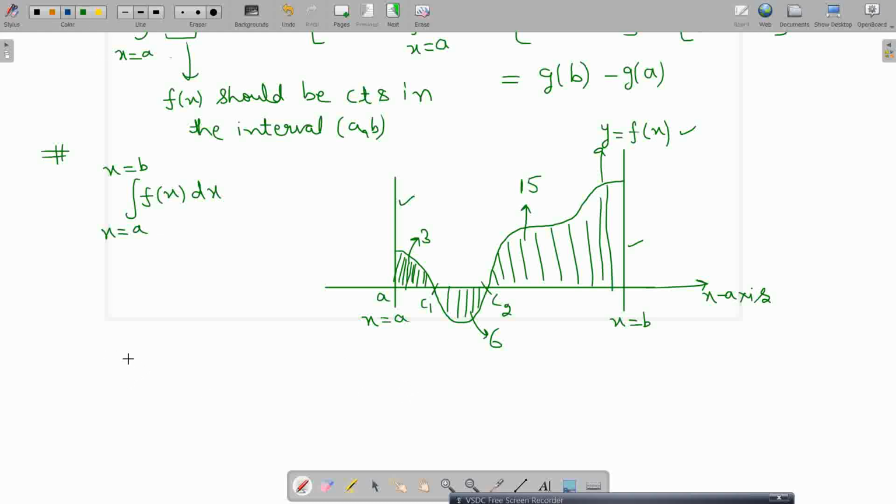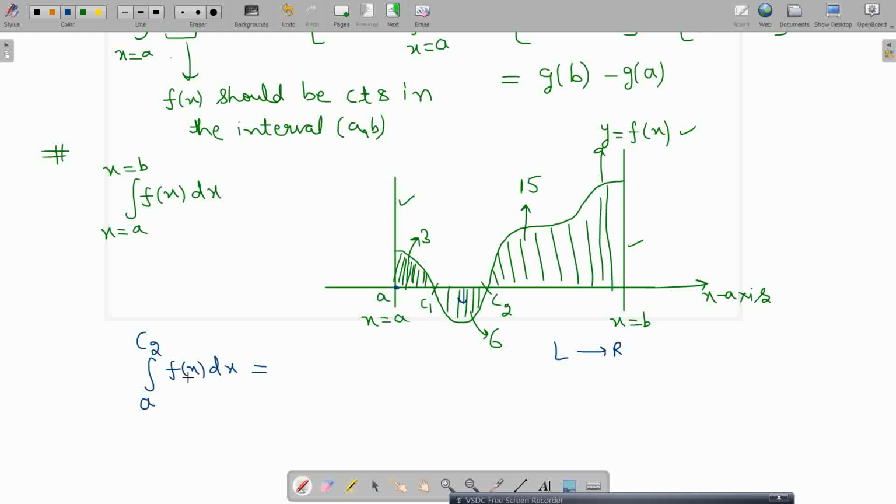Now, how will you find the integral from a to c2 of f of x dx? You are going from this point a to c2, from left to right. There is a convention in definite integration that whenever we go from left to right, we consider the area above the x-axis as positive and below the x-axis as negative.